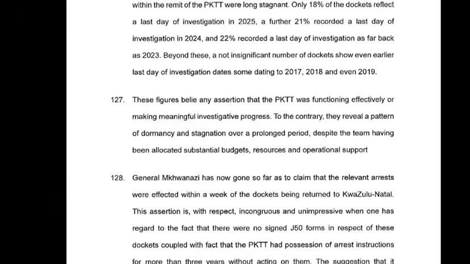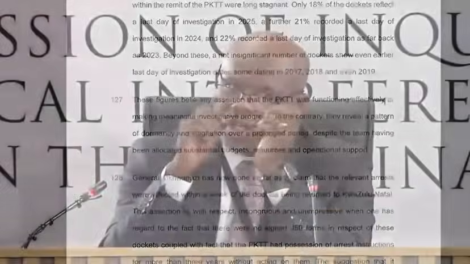My worry is that, I think we've also heard that the National Commissioner said people are being arrested now that the dockets have been returned to KZN. But if indeed it is those dockets that we are talking about, they were there for more than 3 years without arrests being made.